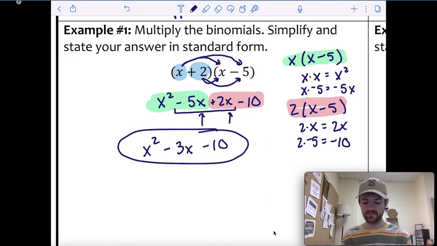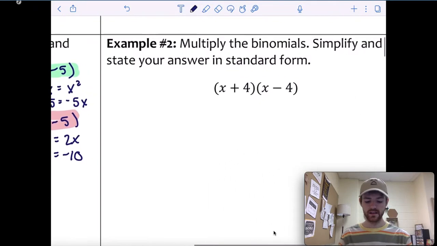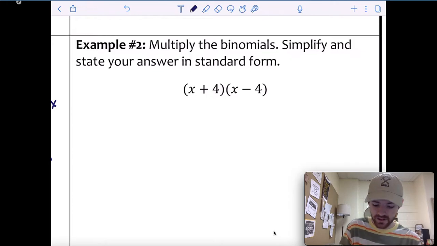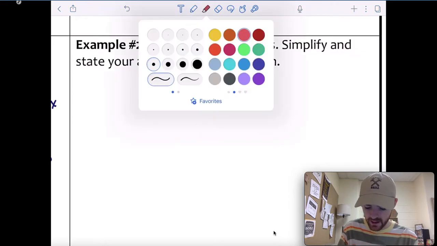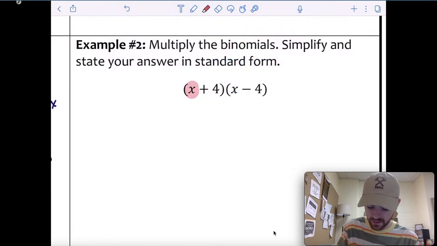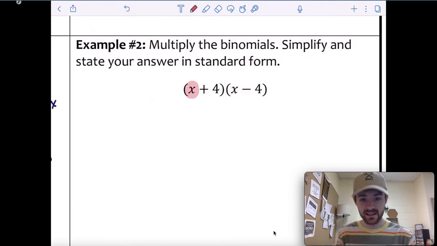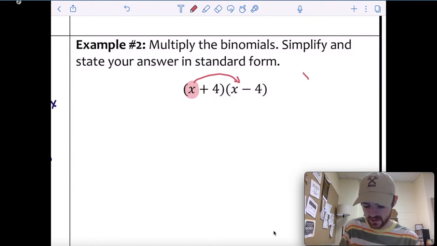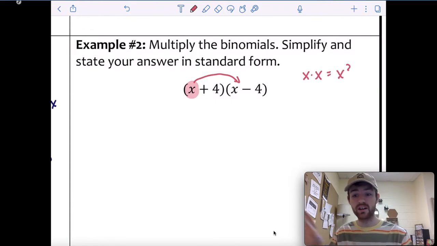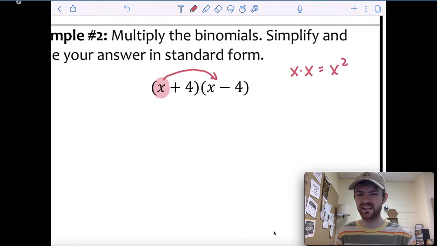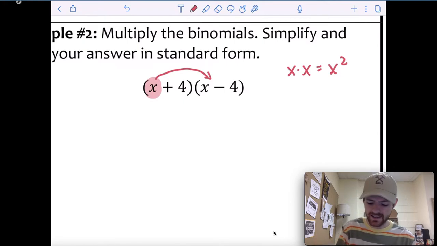Let's see another one. Here, we're multiplying binomials once again. We do the same process. So here we start with x and we distribute. When I see x times x, that's like x to the 1 power times x to the 1.